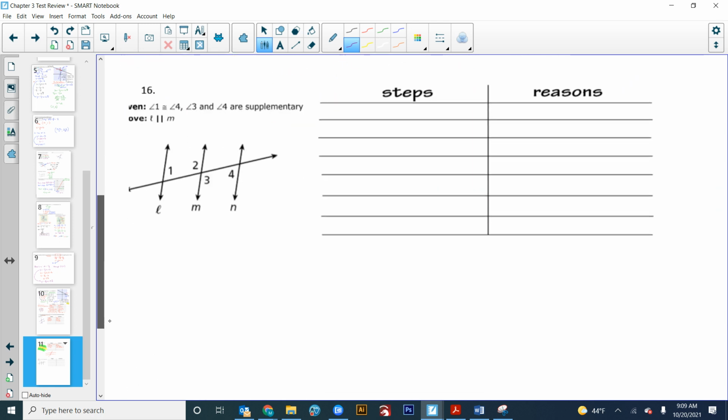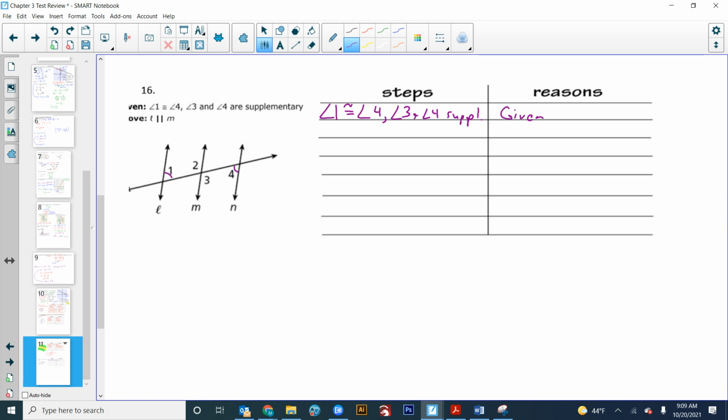Last one. All right. 1 is congruent to angle 4. And angle 3 and angle 4 are supplementary. You could have put those on different lines if you wanted. All right, mark them. Angle 1 is congruent to angle 4. Ooh, what kind of angles are 1 and 4?